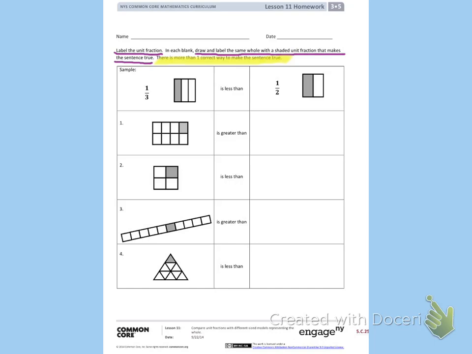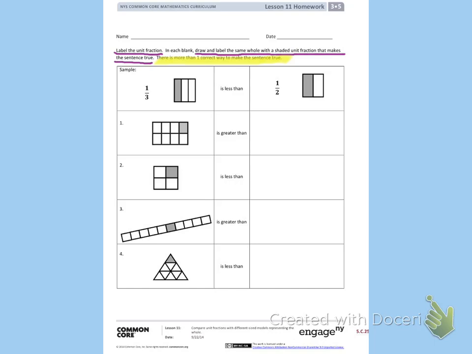In the third column, I can see another rectangle that's about the same size, but this time there are only 2 equal parts, and one of them is shaded, or 1 out of 2 is shaded, 1/2. The sentence says 1/3 is less than 1/2. You can tell that's true because the portion of the rectangle that is shaded is smaller in the first column than in the last column.